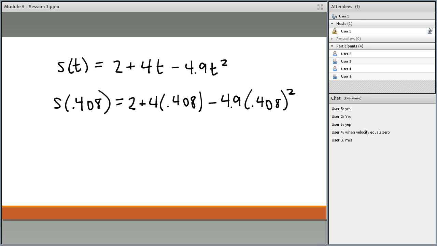And that will tell me what the position is of the ball at 0.408 seconds, which is the highest point. And it's 2.816. And the position function was given to us in terms of meters off of the ground. So this is measured in meters.